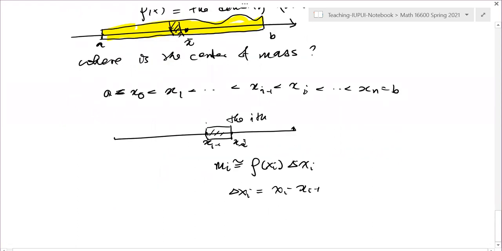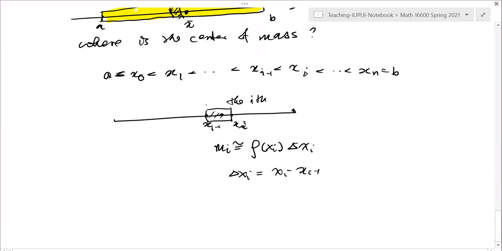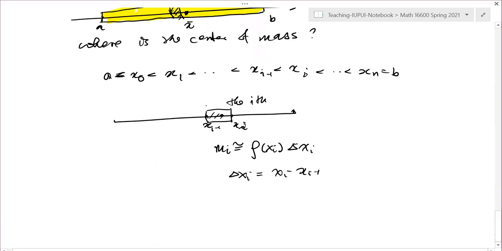The location of the center of this small piece is very close to xi, so we just assume it's xi. Now you have a bunch of points, and at each point you have the mass mi. So x bar should be almost equal to sigma from i equals 1 to n of xi mi, divided by the total mass.